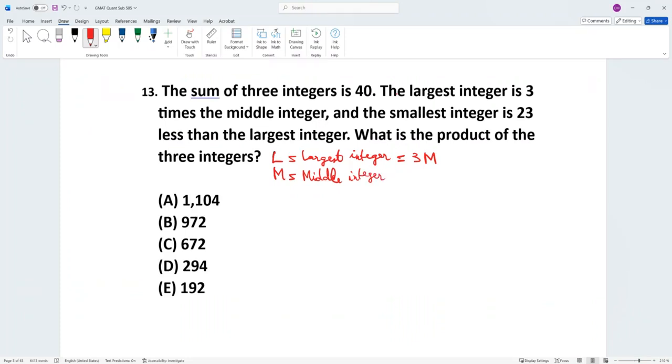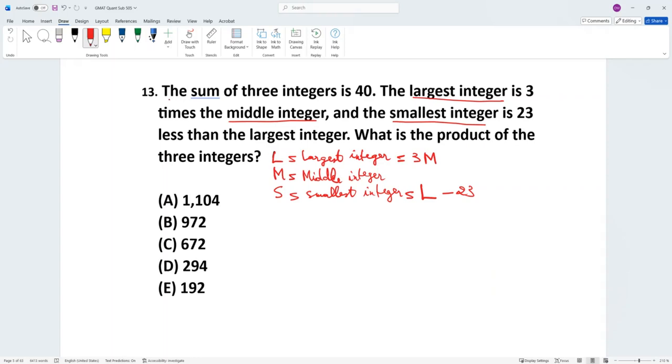So we have the largest integer, we have the middle integer, and we will also have the smallest integer that we're going to call s. It tells us that the smallest integer is 23 less than the largest integer. So it means that it's L minus 23. And we know that L is the largest integer.